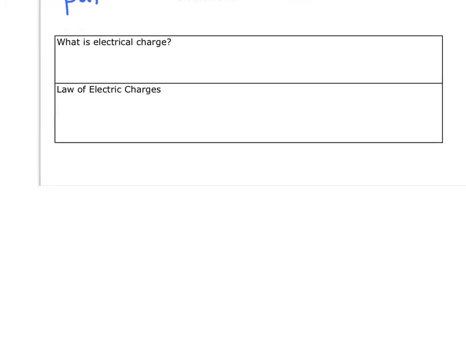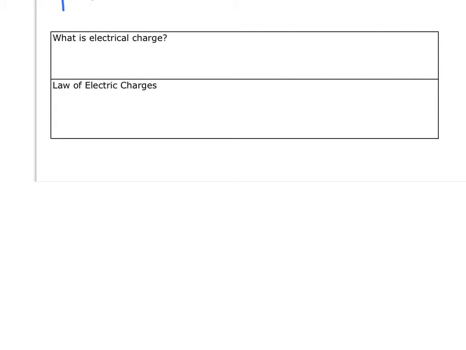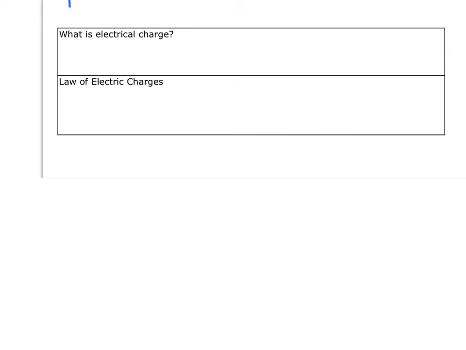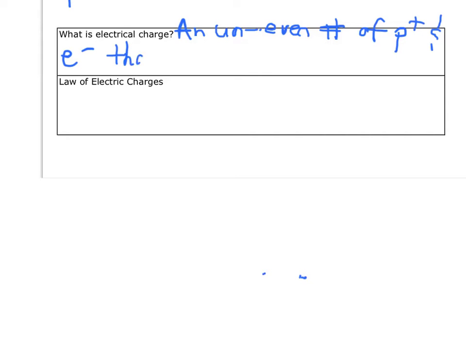So moving on, so what is electric charge? And this is actually a very, very complicated question, but I'm going to give it the best definition I can, which is electric charge is really an imbalance or an uneven number of protons and electrons that results in electric force.